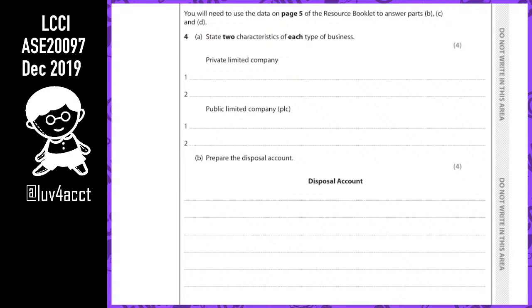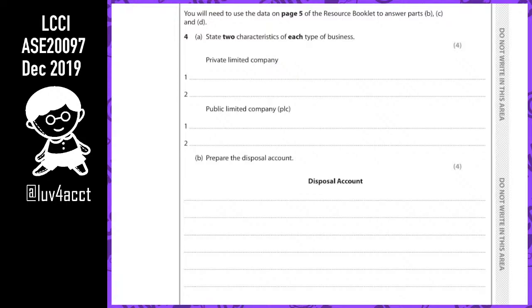Private limited company, two characteristics. We can list a bunch of those. Private limited company and public limited company. So, first of all, let's see what we should write.